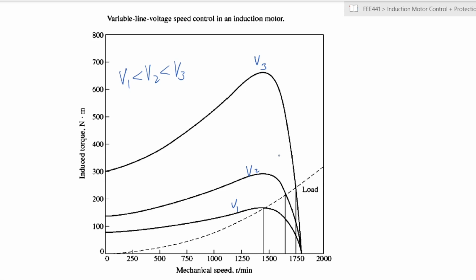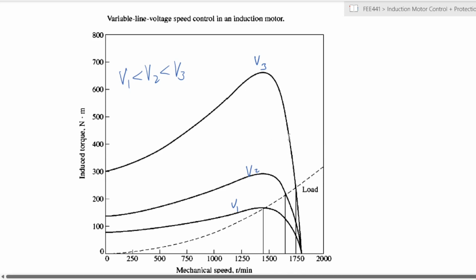Changing the line voltage will result in a torque slip characteristic that is shown here. In these three different graphs, you have three different voltages being applied. The first voltage, V1, is lower than V2, and if we increase it, you get V3.